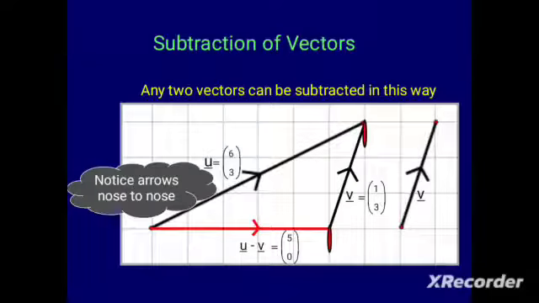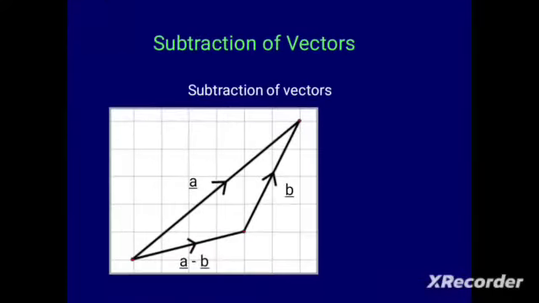So also we are keen to notice the arrows are moving nose to nose. We are very keen there. And then on the other part of subtraction of vectors, we have this diagram.